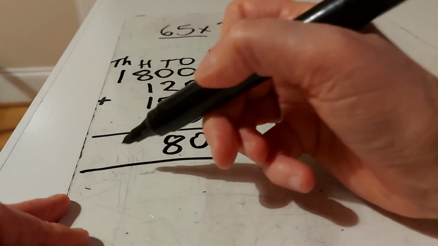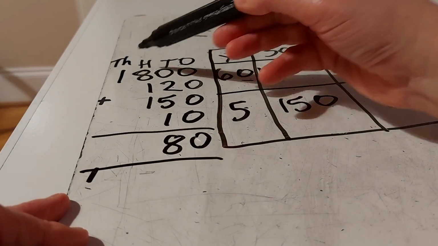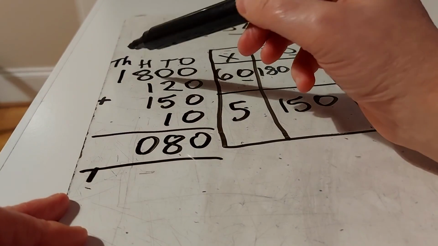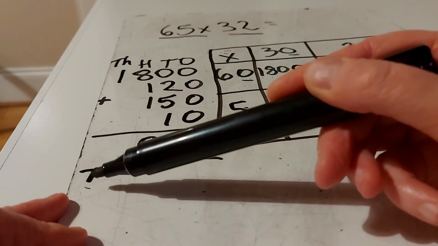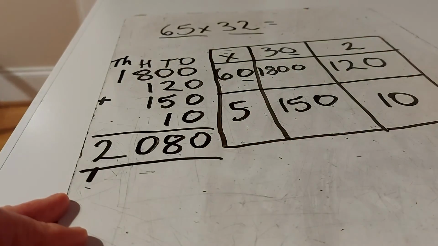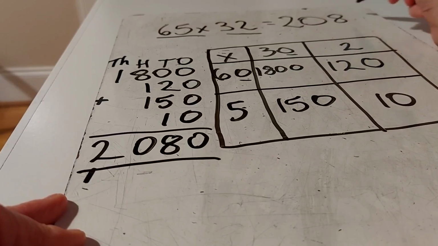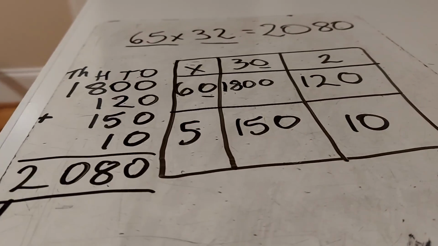Now we've made 1,000, so we have to put the 1 here on the doorstep in the 1,000 column and the 0 there, okay? Let's go and add the 1,000 here. Don't forget the 1 on the doorstep. And that is the answer, 2080. Okay?